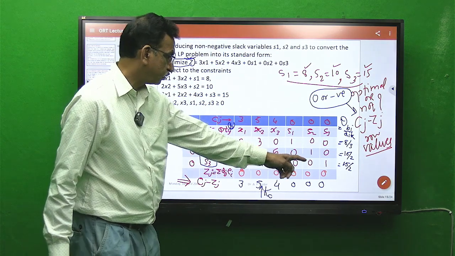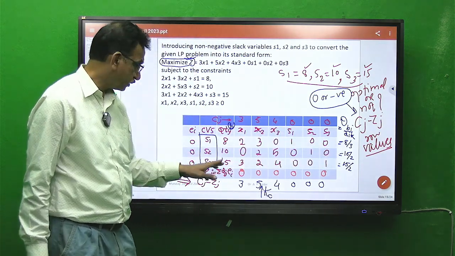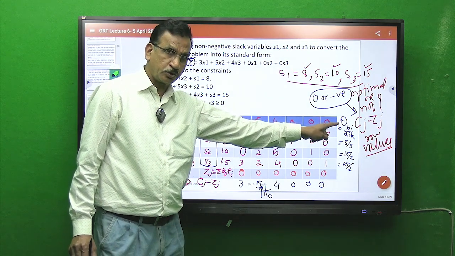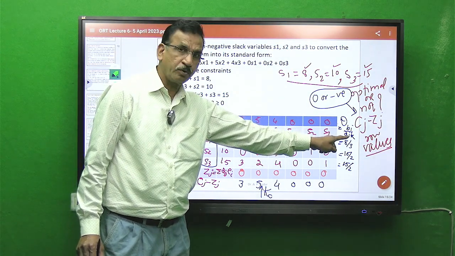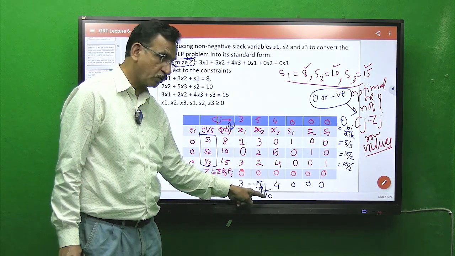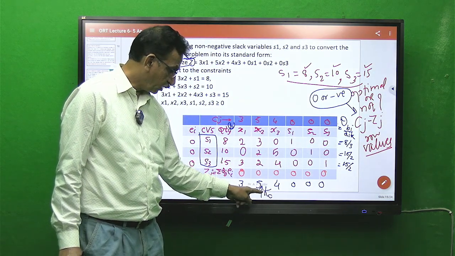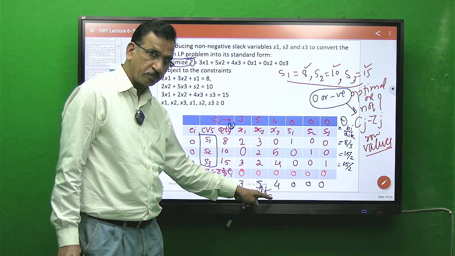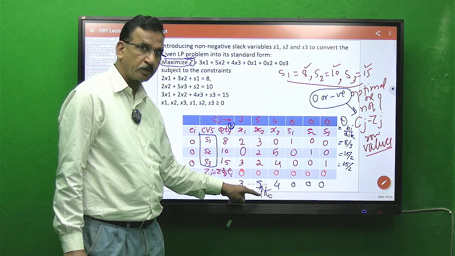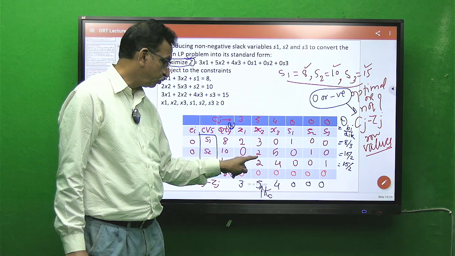How have I written these values? Again, listen carefully. The ratio b_i upon a_i values of the kth column. We have identified this column as the kth column, the key column. KC stands for key column. For the key column, the a_i values are 3, 2, 2.